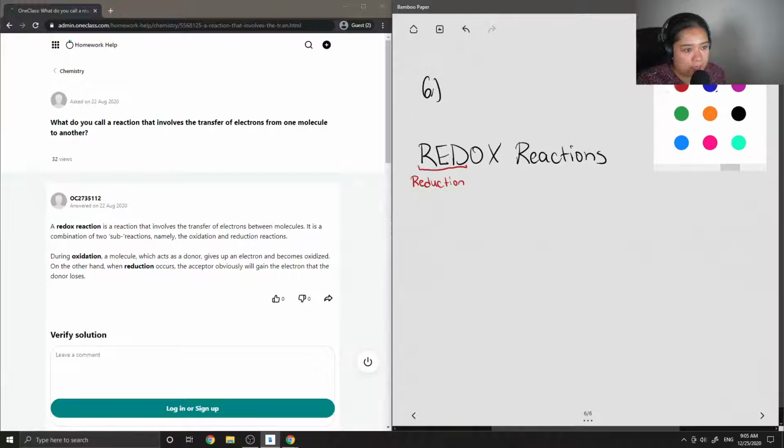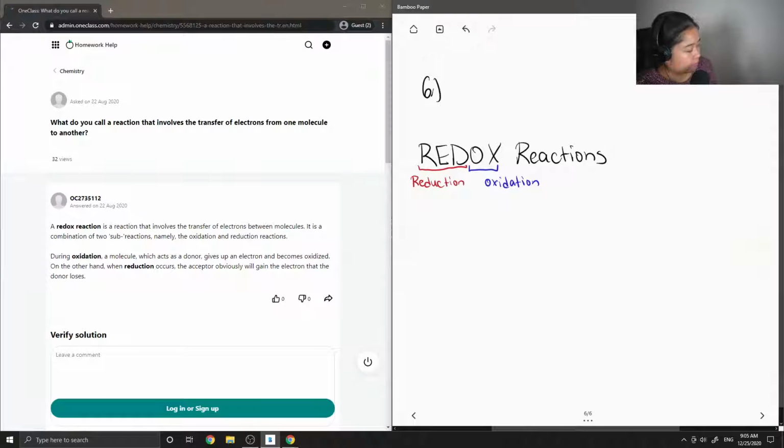So the reduction half reaction and the oxidation half reaction. Okay, so let me just write the definition up here. Involve the transfer of electrons from one molecule to another.